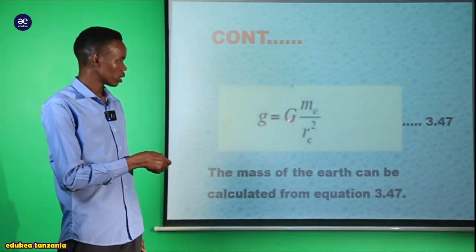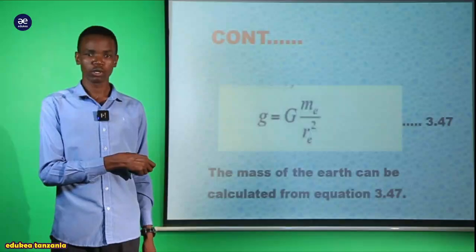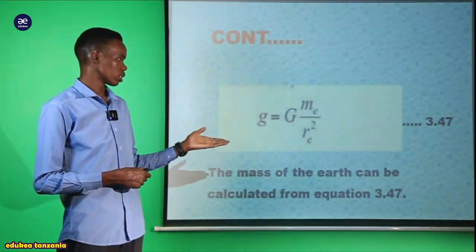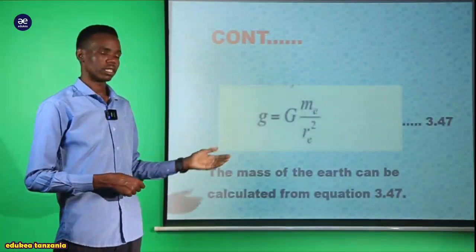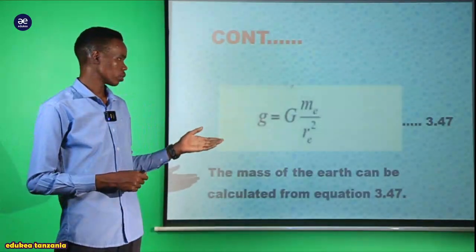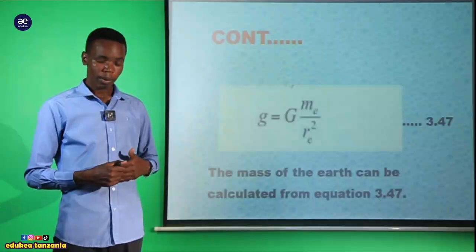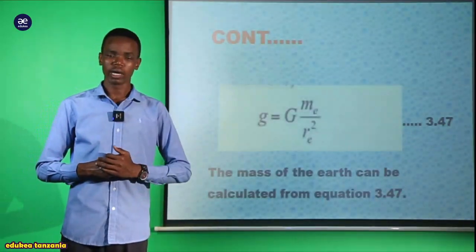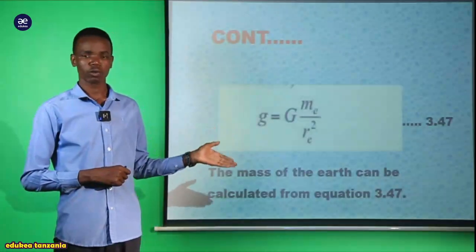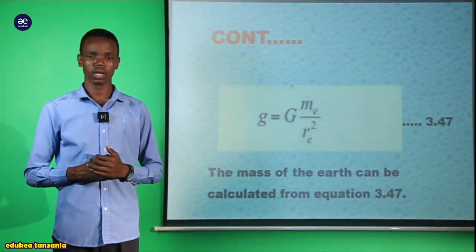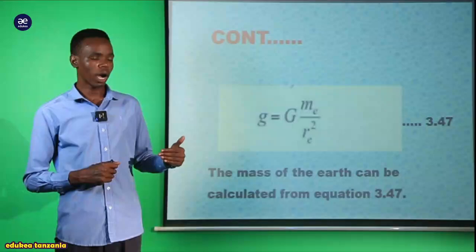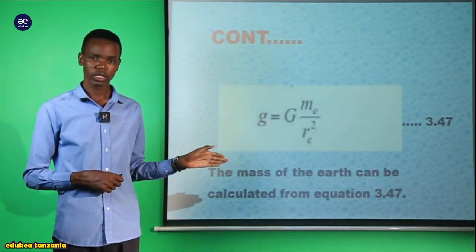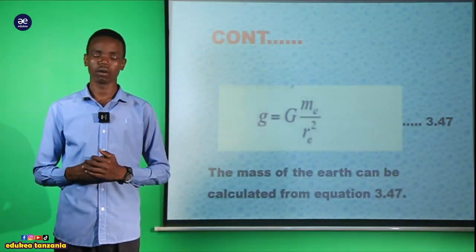If we substitute the universal gravitational constant, which is always constant, the mass of the Earth, and the radius of the Earth, we should get the acceleration due to gravity of the Earth. But if we want to obtain the mass of the Earth here, we are supposed to use our equation so as to obtain it. So how can we get the mass of the Earth? We have been told to use equation number 3.47.